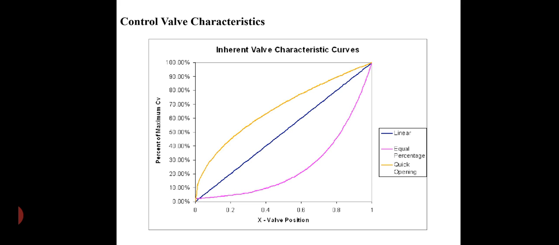Basically, the characteristics graph is established, or determined, by what we apply as input and what we take as output. As input we supply just a pressure, or you can say flow, and as output we take the stem displacement, or you can say the valve position. The valve position will change according to this pressure.